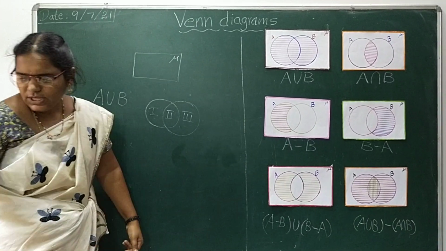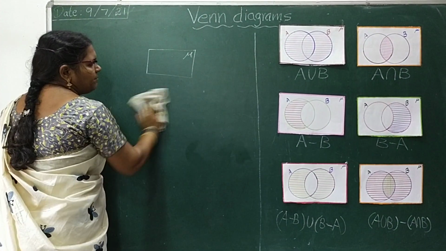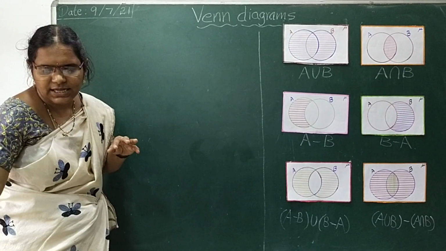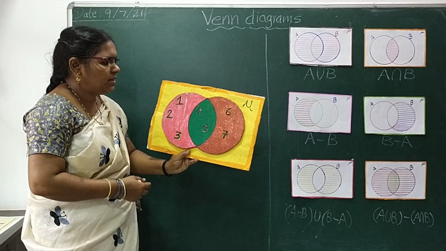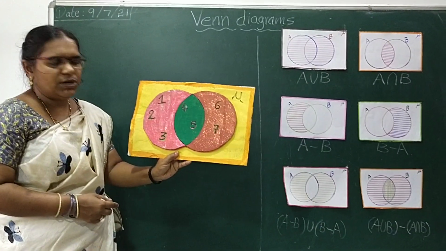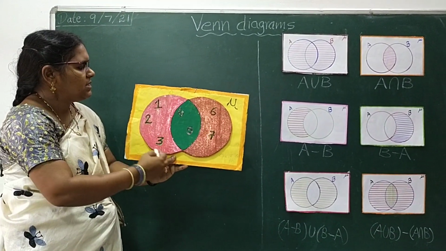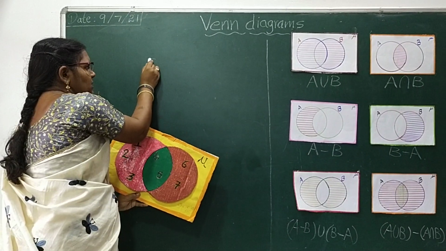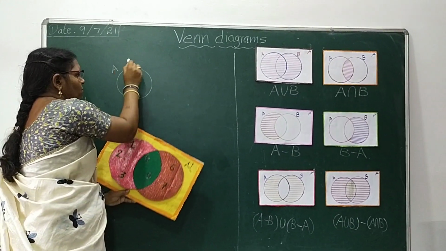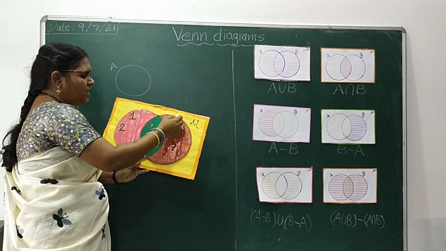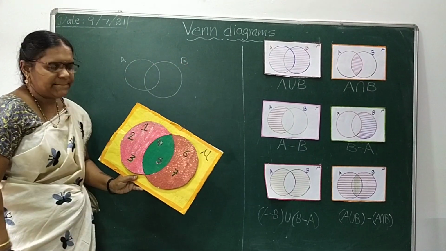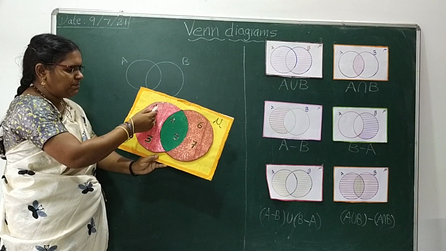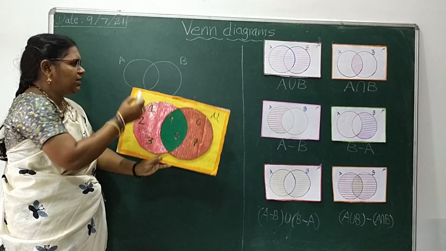Now, let us take one example with elements in the sets. Here we have one model. This is set A, and another one, set B. What are the elements in the first part? 1, 2, 3.